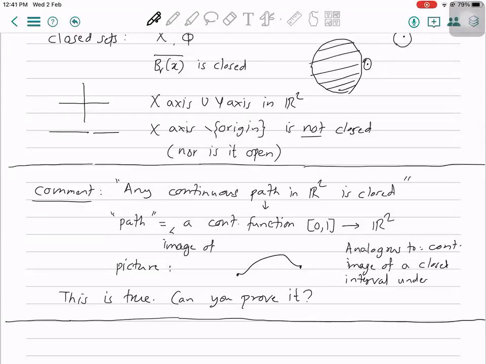Okay, so this sentence has gone out of control a little bit. For f from 0, 1 to R, correct?